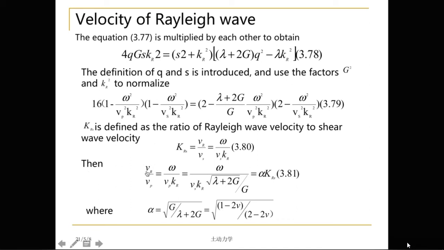Then Vr over Vp is equal to alpha times KRS. Here alpha is equal to the square root of g over lambda plus 2g, or the square root of (1 minus 2 nu) over (2 minus 2 nu).